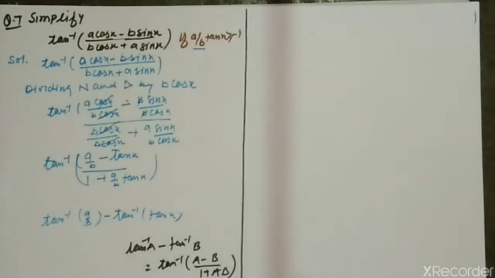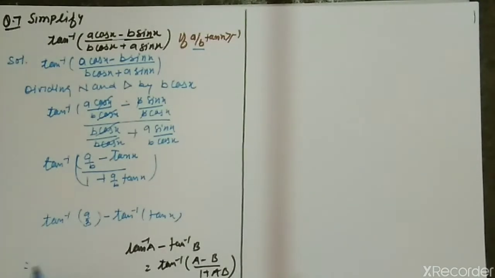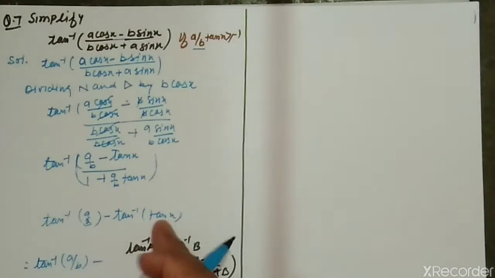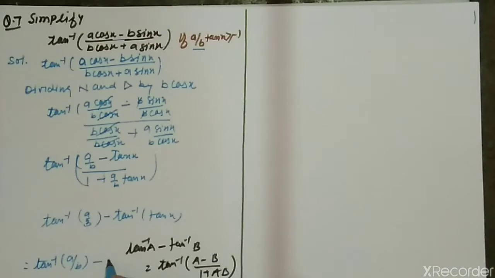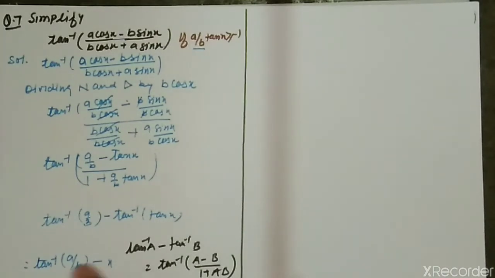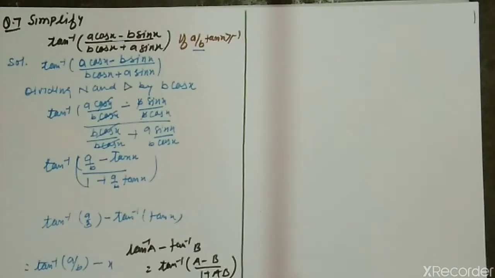Clear? Okay, further we can write it as tan inverse a upon b minus, so it is only x. Clear? So in that case, a upon b tan x is greater than or equal to minus 1.